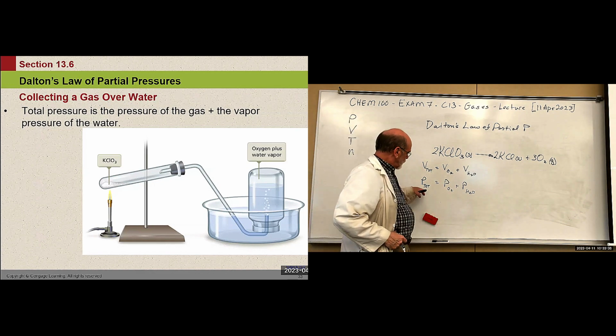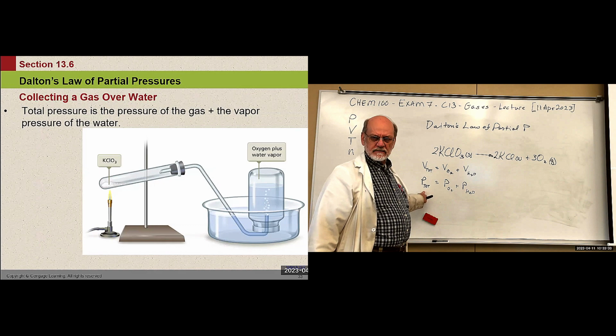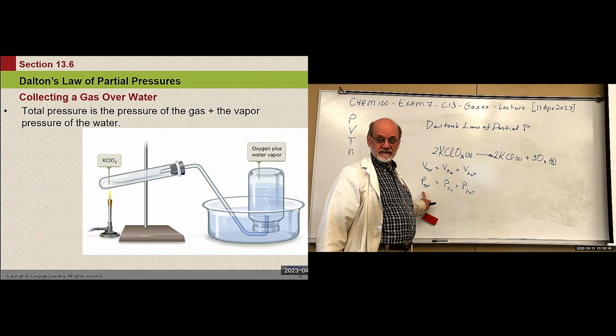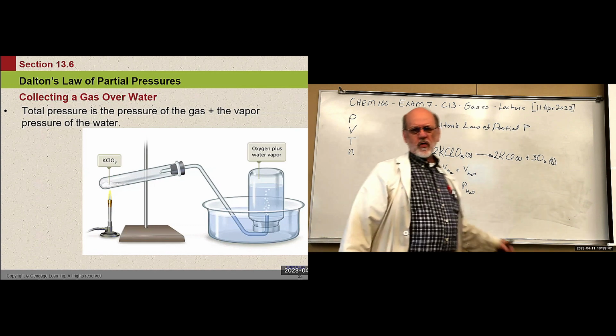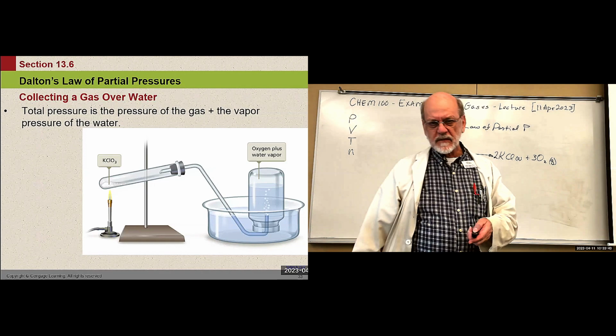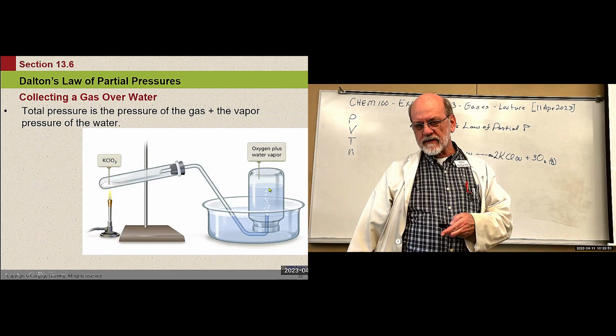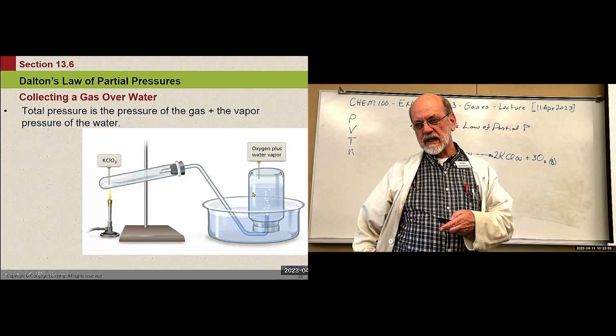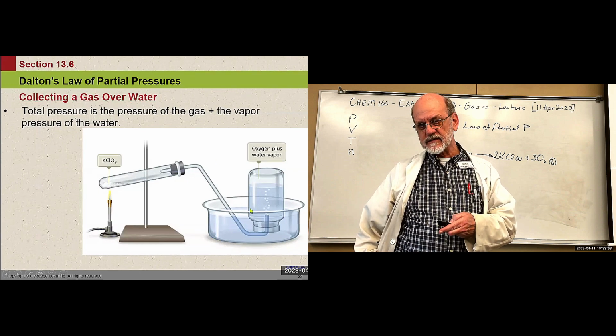So what if we can measure the pressure easily, right? The pressure inside that container is equal to atmospheric pressure because it's pressing against the atmosphere. Now, of course, when the level of the water is up here, then it's also a difference between atmospheric and this height of water.